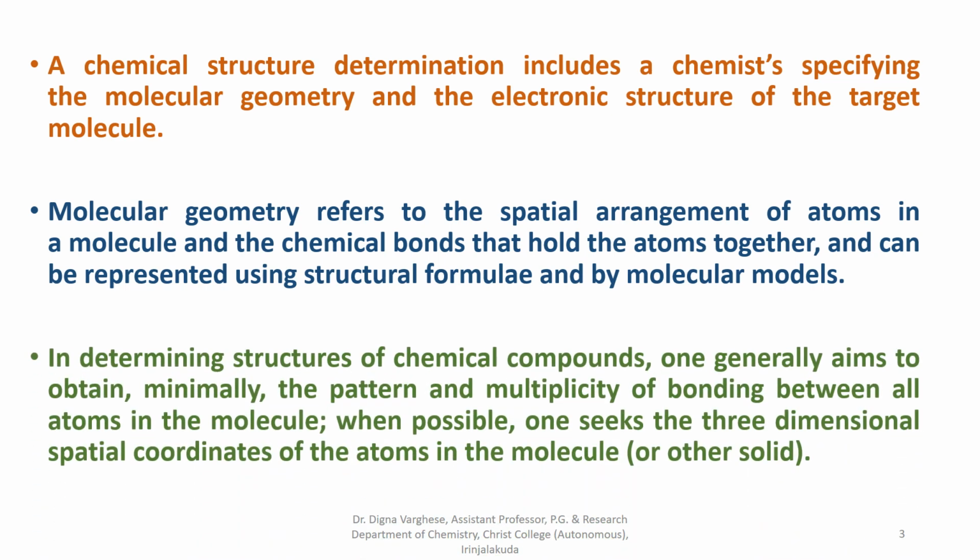In determining the structures of chemical compounds, one generally aims to obtain minimally the pattern and multiplicity of bonding between all the atoms in the molecule. When possible, one seeks the three-dimensional spatial coordinates of the atoms in the molecule.